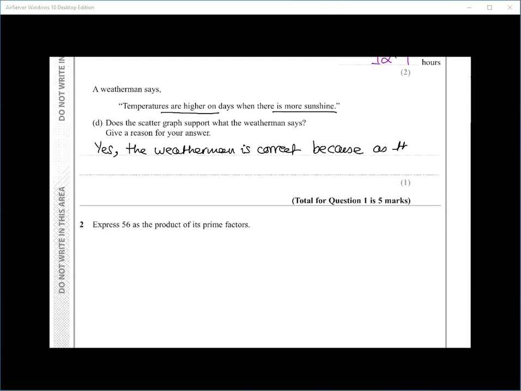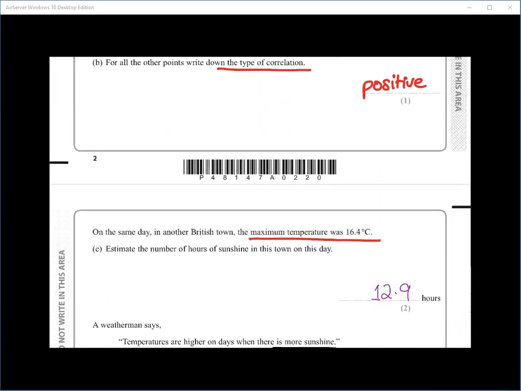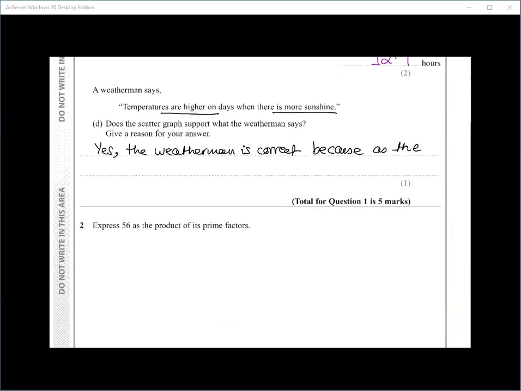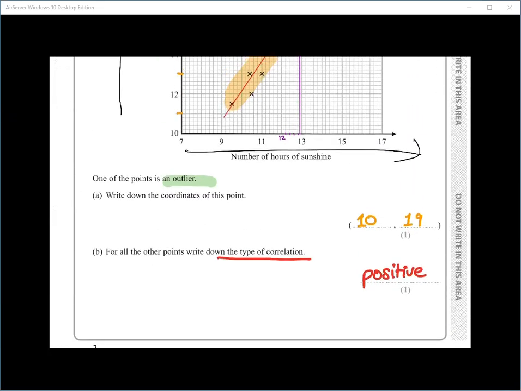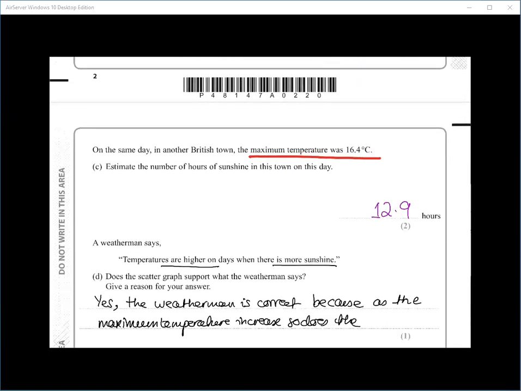Yeah, you can also say that as well, because as the maximum temperature increases, the number of hours of sunshine increases.